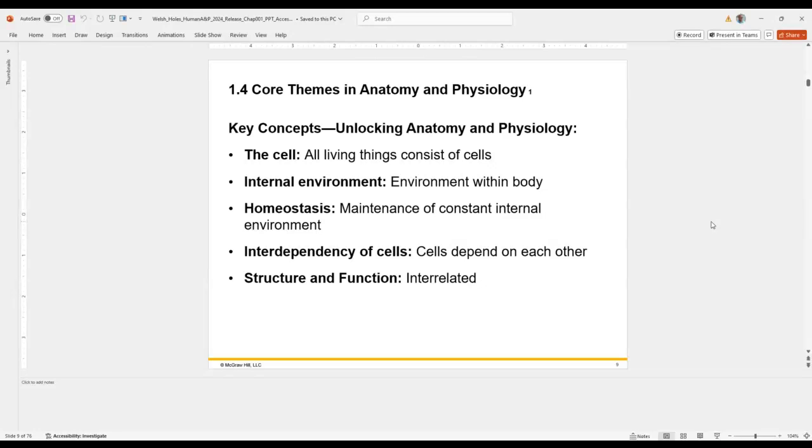And then we can talk about the internal environment, and that's the environment within the body, and that's what we're always trying to keep in homeostasis, which means at a constant internal environment. We also talk about the dependency of the cells to each other, and this is an interdependency of the cells. And then finally, we talk about the relationship between structure and function and an interrelatedness.